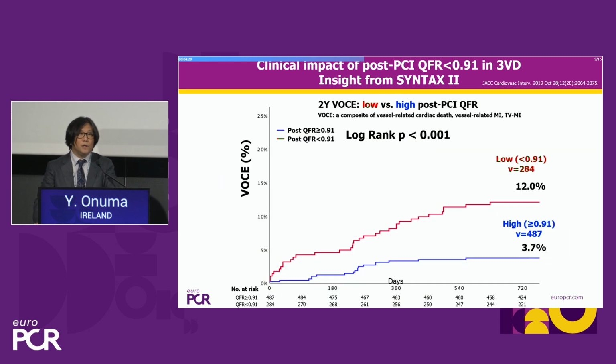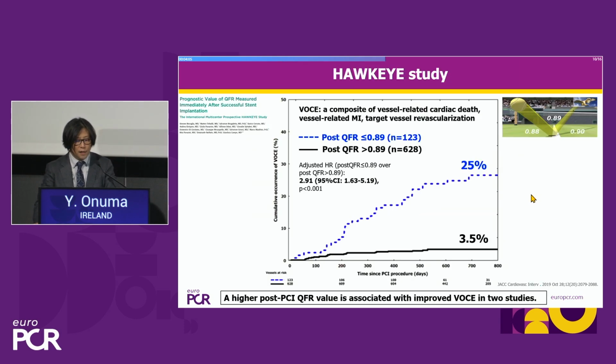If we stratify the vessels according to the post-procedural QFR, if the post-procedural QFR is equal or greater than 0.91, the event rate was 3.7%. However, the vessels with a low post-procedural QFR value less than 0.91 have a much higher event rate of 12.10%. A similar observation was made in the HAWKEYE registry.